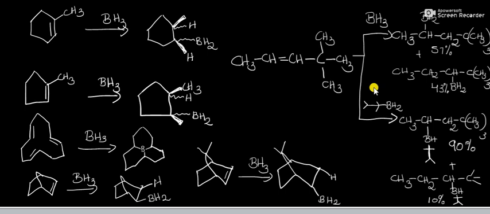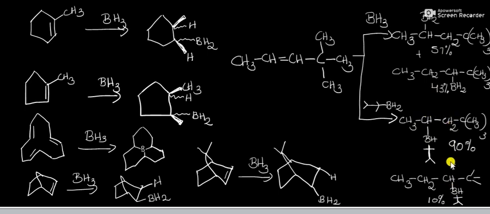Whereas if you add thexylborane, this is our thexylborane, to this olefin, what will be the product? As in the previous case, we can get two products. In one case, BH2 adds to this carbon, and in another case BH2 adds to this carbon.